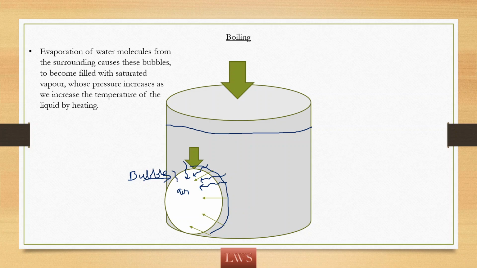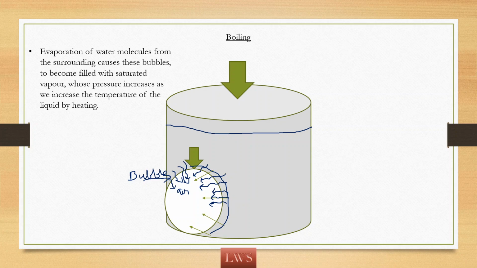This water vapor we can call saturated vapor. If we just compress this vapor, it immediately turns to liquid. That is what saturated vapor is. So the surrounding water of this bubble will get evaporated and that saturated vapor enters into this bubble.